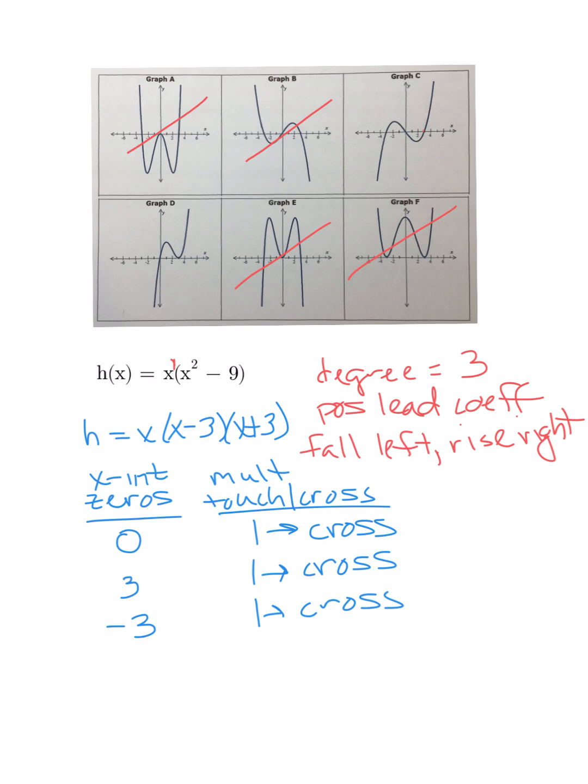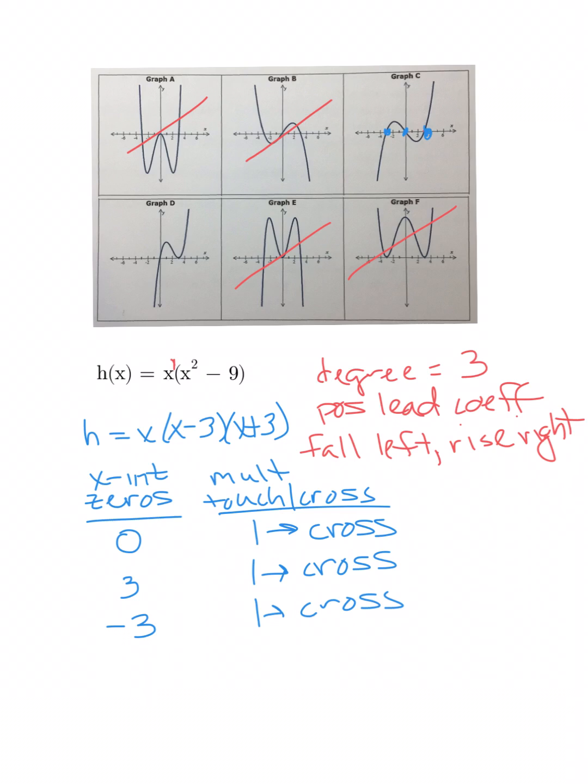So going back to our two possibilities, when we look at graph C, here's -3, we are crossing. Here's 0, we are crossing. Here's +3, we are crossing. That works.